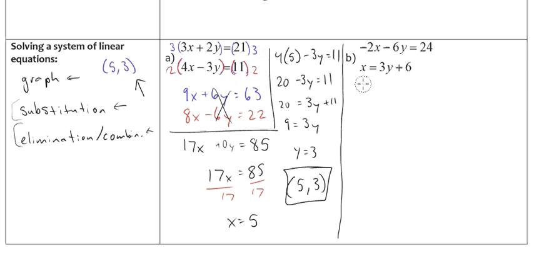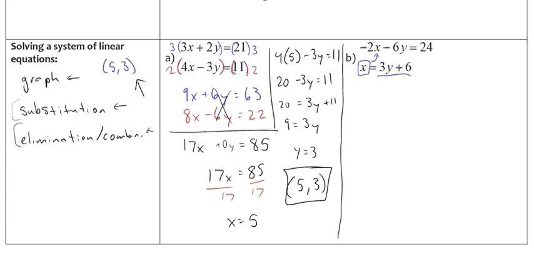And if you didn't have a variable that's solved for, that'd be okay. You just need to go through your algebra until you can get one of the variables by itself with a coefficient of 1. And now that we know what x is equal to, it's equal to 3y plus 6, we're going to take that x and what it's equal to, and we're going to substitute it in for the other x in the other equation.